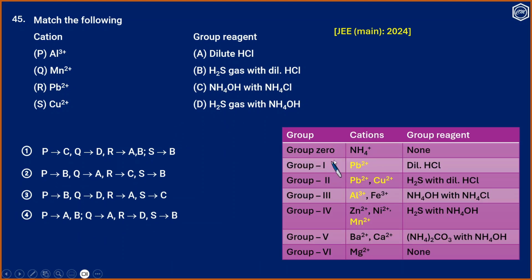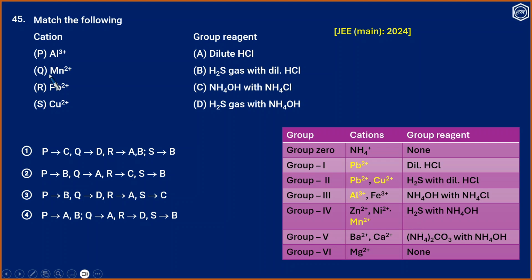So from this table, aluminium 3+ comes under group 3, and the group reagent is NH4OH with NH4Cl. Therefore, P corresponds to C. Manganese comes under group 4, and the group reagent is H2S with ammonium hydroxide.